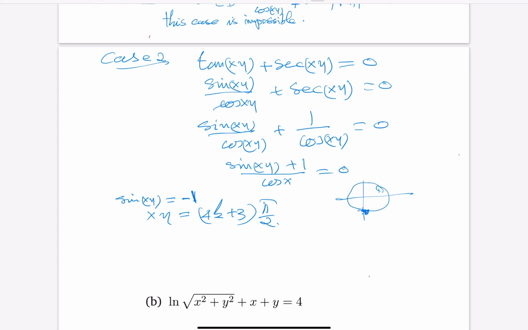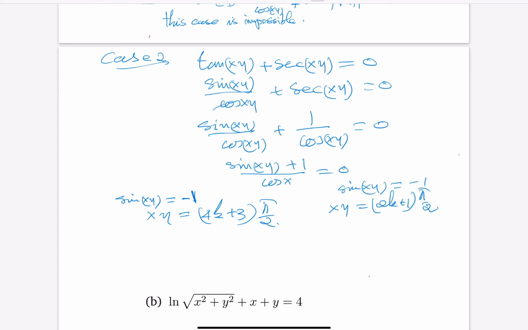It should be on sine, and you have 4k plus 3. Okay, the other way to find the 4k plus 3 pi over 2 is this. Sine of xy equal to negative 1. So for example, if it's 1, you have this one, 2k plus 1 pi over 2. Now, just let me give you an example here.